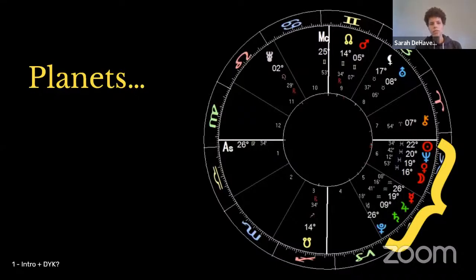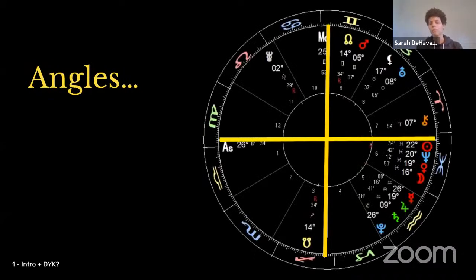We can also apply this technique to angles. So your ascendant, your descendant, your midheaven, your IC, you can apply this technique to that too.